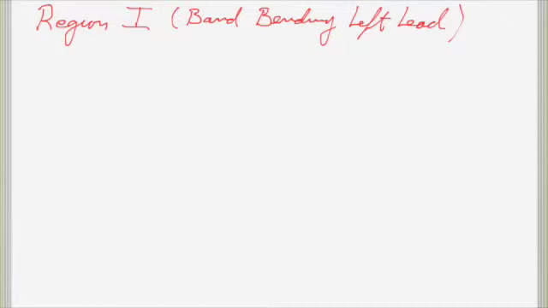Okay, so in region 1, which is where you have band bending in the left lead, since it's in equilibrium, we're going to use the equilibrium expression to get the charge. So in equilibrium, this correlation function which gives us the electron density, Gn_JJ, is just equal to your spectral function times the occupation of the left lead.